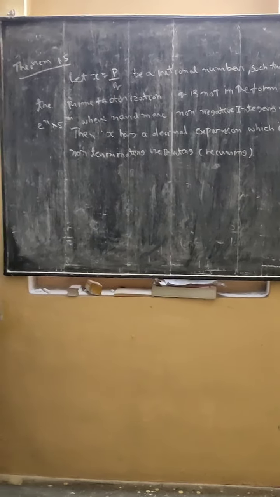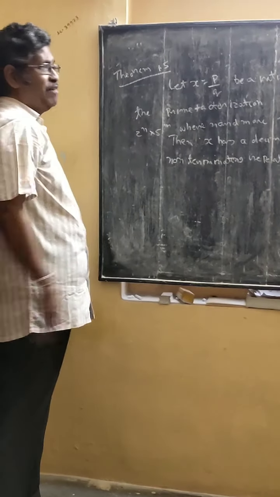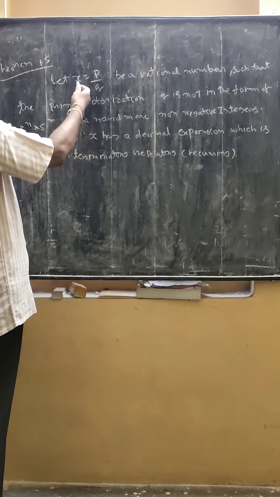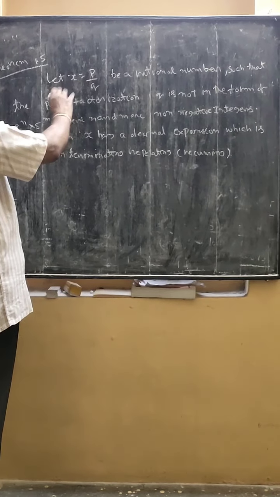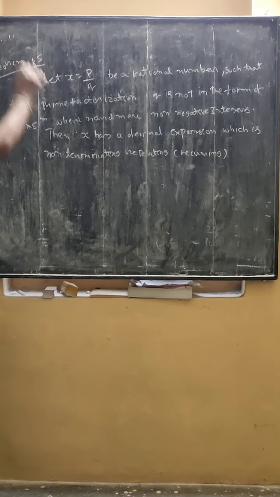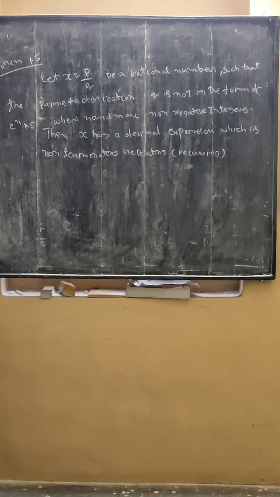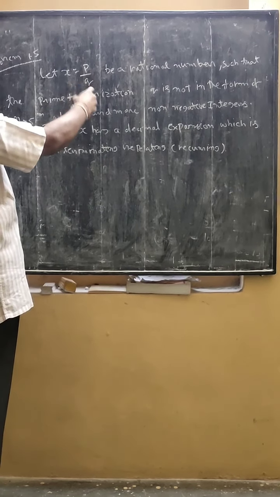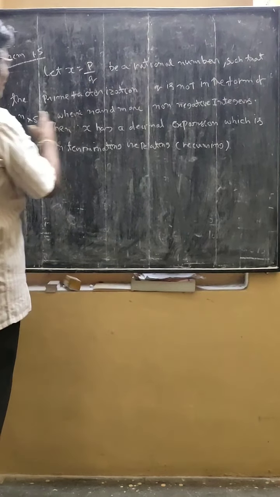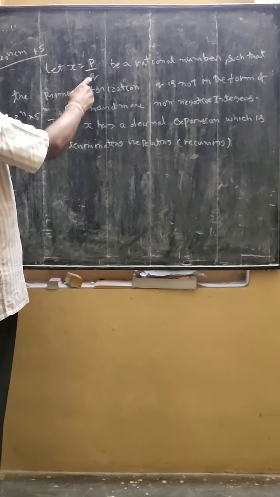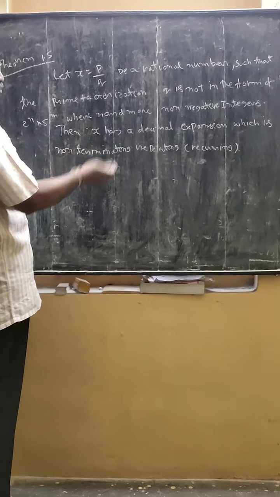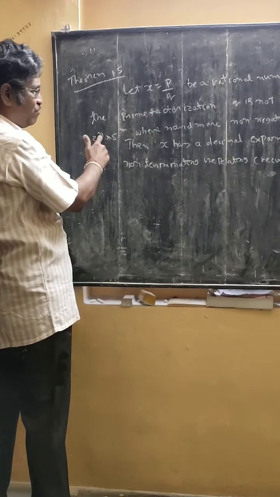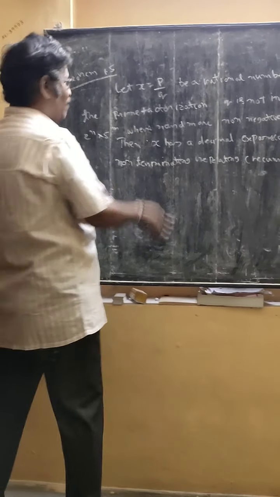From the previous examples we are drawing this one conclusion, this statement. It is nothing but theorem 1.5. In the previous examples, first we took a rational number p by q. There we observed q. What is q? The denominator. There the q cannot be written in the form of 2 power n into 5 power m.